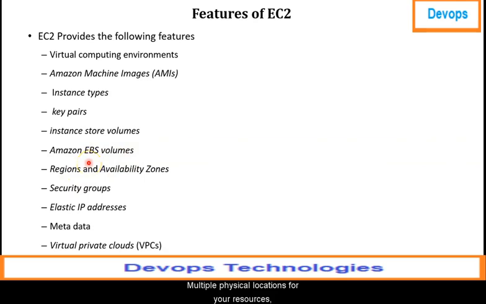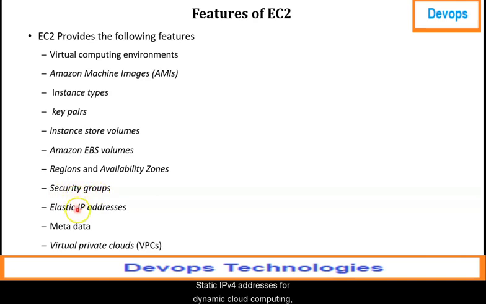Seventh one is multiple physical locations for your resources, such as instances and Amazon EBS volumes, known as regions and availability zones. Eighth one is a firewall that enables you to specify the protocol, port, and source IP ranges that can reach your instance using security groups.